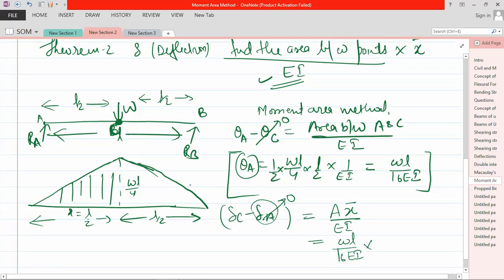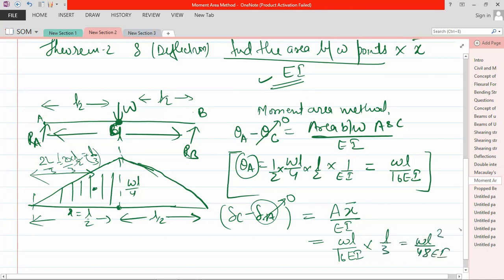Now take the centroid of the area from the reference point. This is a triangle, so it should be 2L by 3, that is 2 into L by 2 by 3, so it will be L by 3. So take the center of the area and multiply with it. So it will be WL square by 48 EI.